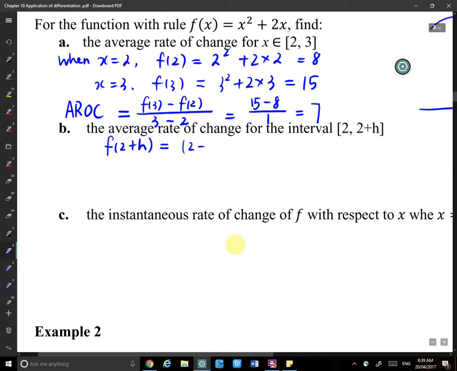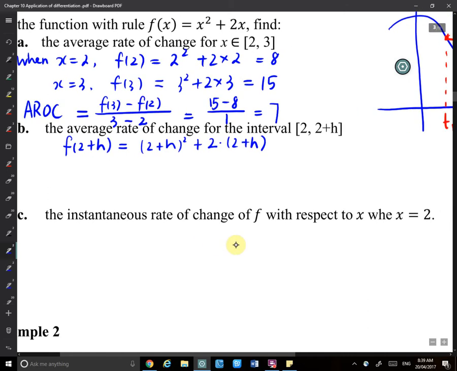It's (2 plus h) squared plus 2 times (2 plus h). Let's expand that a little bit. That gives you 4 plus 4h plus h squared plus 4 plus 2h. And that gives you 8 plus 6h plus h squared.